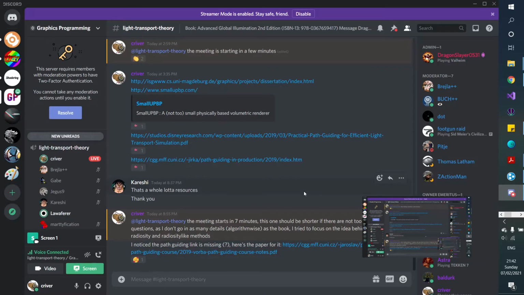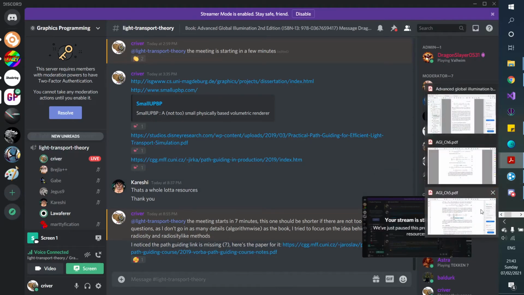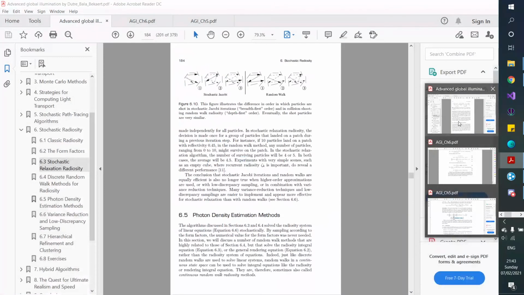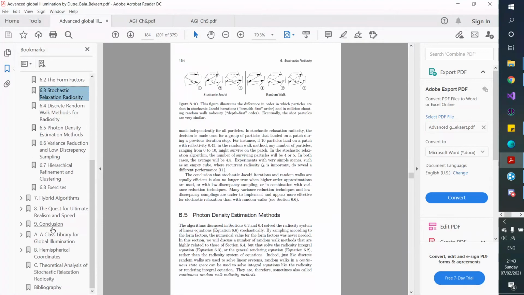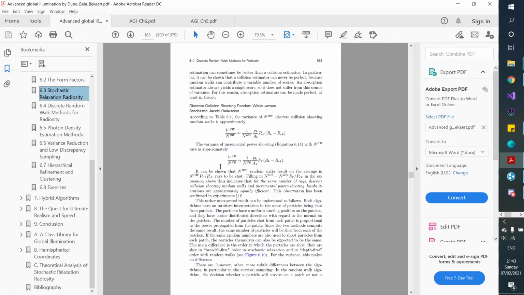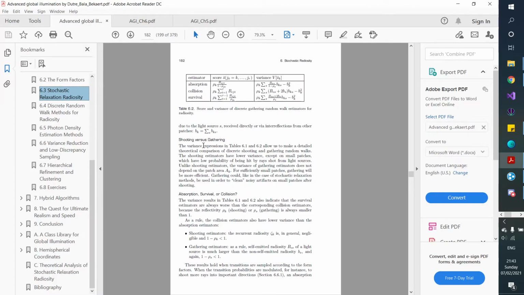Yeah, this was a bit involved because it involves finite element methods, but the good thing is the rest of the chapters don't really rely too much on it. I guess something to note was their terminology about shooting and gathering.